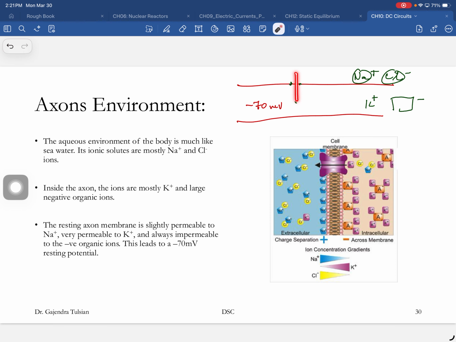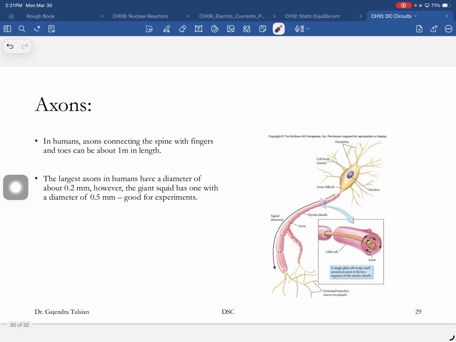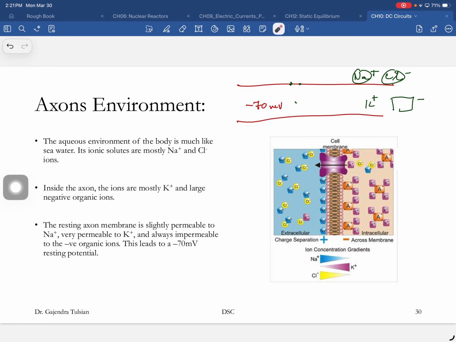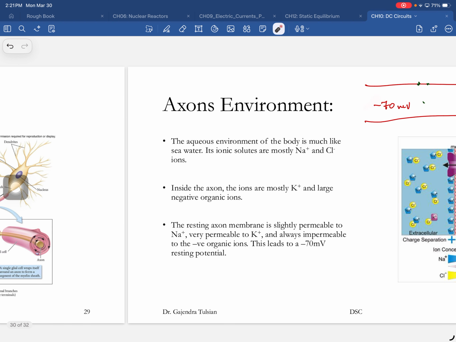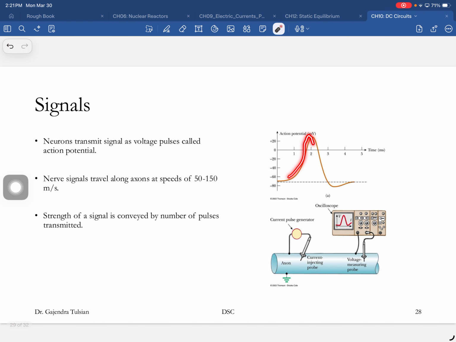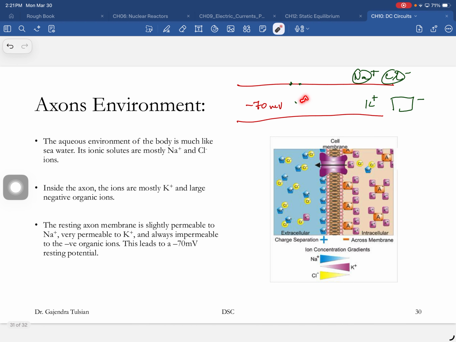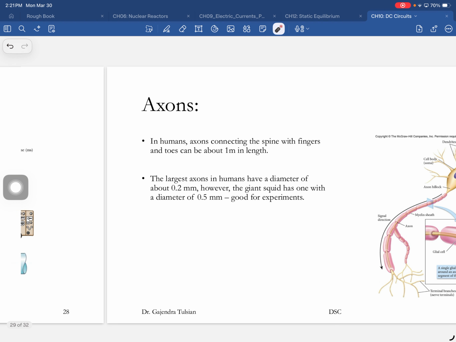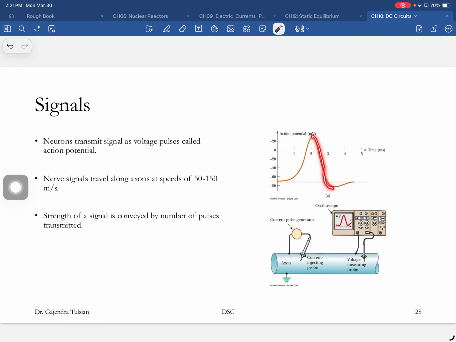Immediately afterwards, an increase in potassium ion flow out of the cell restores the resting potential. In an axon, charges are flowing this way, and the potential spike is moving that way. So unlike in a wire, in an axon, charges move perpendicular to nerve signal movement. This is unlike signal transmission in metal wires.